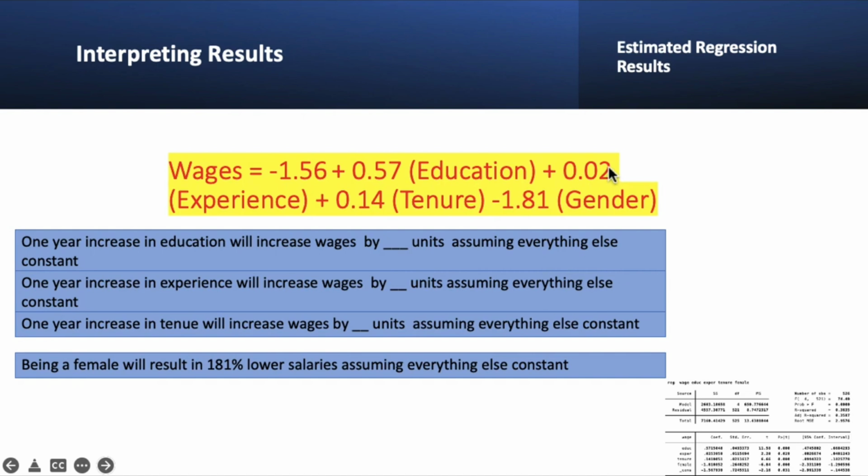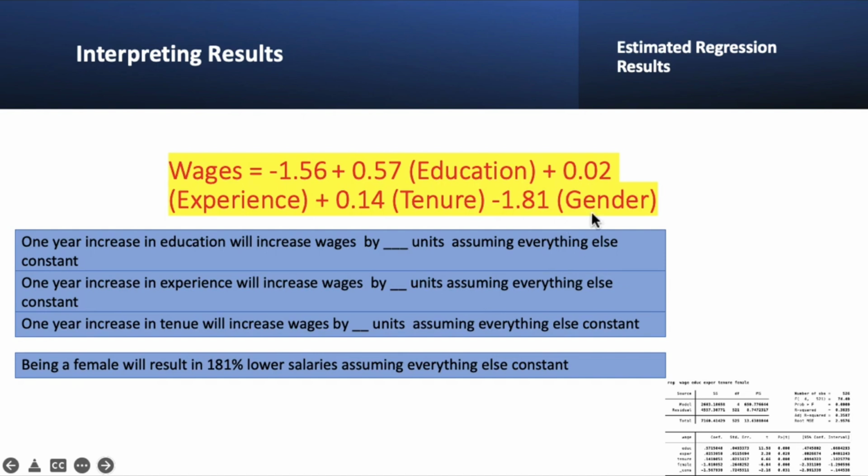See how I'm using units, because this is a linear equation where the dependent variable is also linear and the independent variables are also in the linear form. If these were in the log form, then we'd be using percentages rather than units in our analysis.